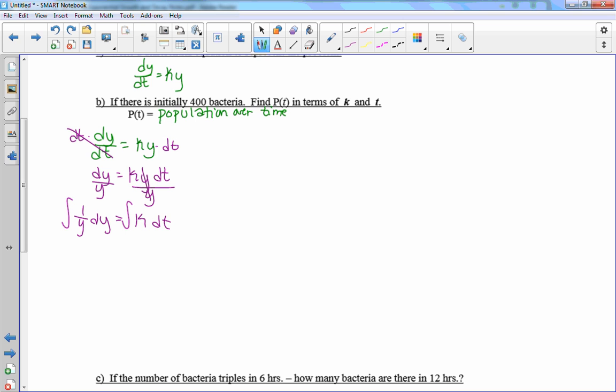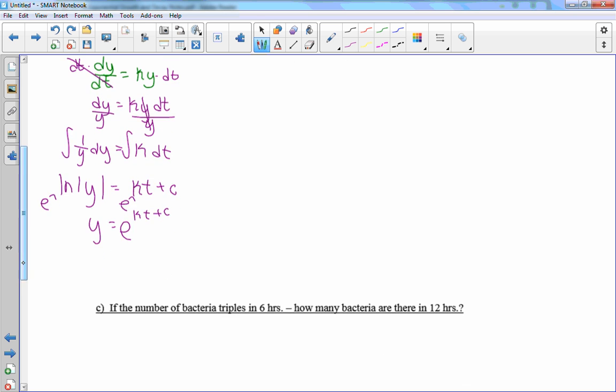Okay. So see, most of those are the natural log of y, absolute value y, equals kt plus c. And you exponentiate both sides. You have y equals e to the kt plus c. Okay, where does the c go? We split it up. Where's the c going to go?